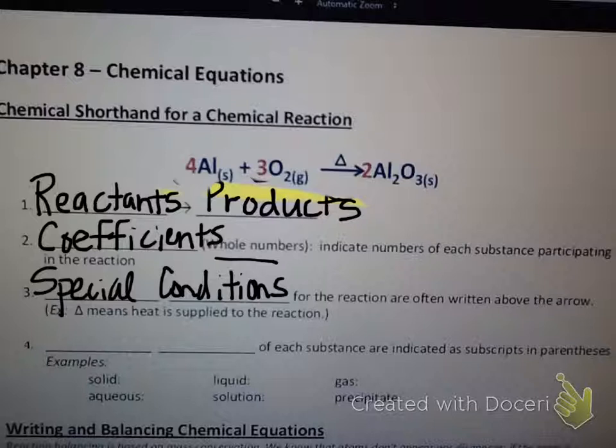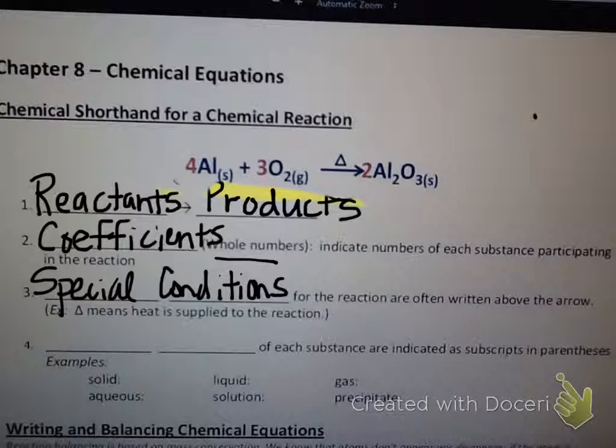For example, in this reaction, notice above the arrow I have a triangle written. The triangle written above the arrow in this instance means that we're adding heat to the reaction. This is how chemists would symbolize heat being added to a reaction. If we did not have the symbol here for heat, the reaction wouldn't take place. It's needed. So if you added aluminum and oxygen together and you didn't have heat, nothing would occur. However, if there's heat, you form aluminum oxide.